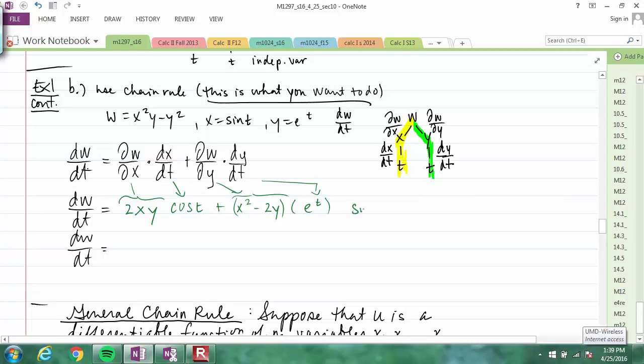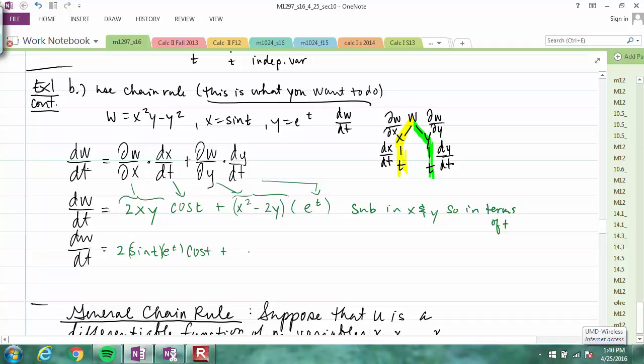So we're going to sub in, it's kind of our last step here, the x and y, so it's in terms of t. So what we have instead of 2xy is going to be 2 times sine t times e to the t. Throw some parentheses in there for clarity. And then that's times cosine t.